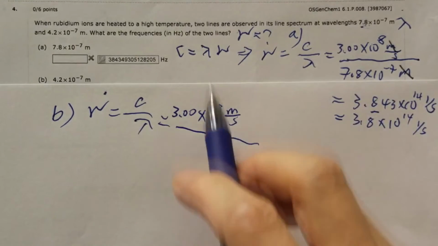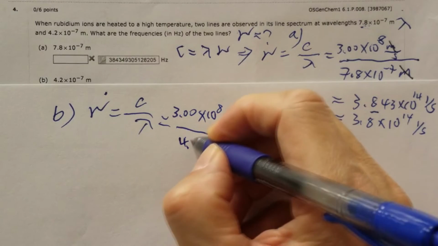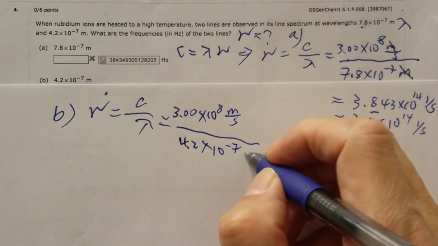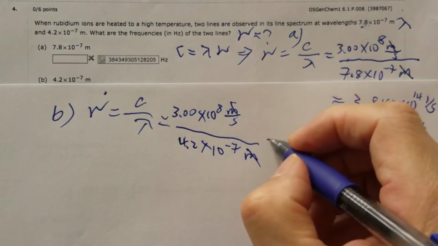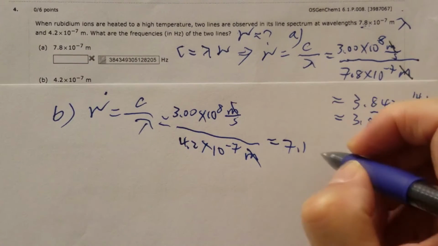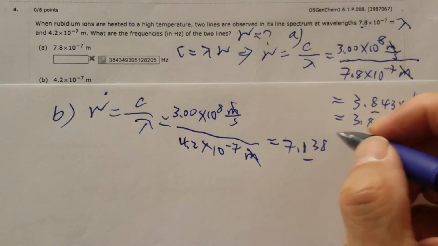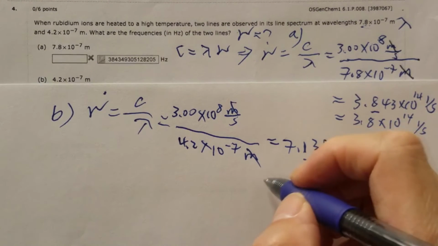And now, the wavelength is 4.2 times 10 to negative 7 meters. So again, meters are cancelled. And now we should have 7.138. 7.138. Again, I underline the last digit in the sig fig, and that's 1 over s.